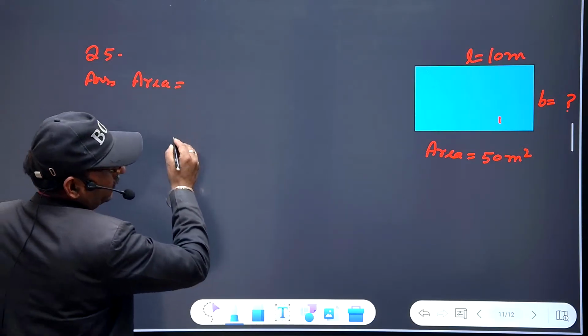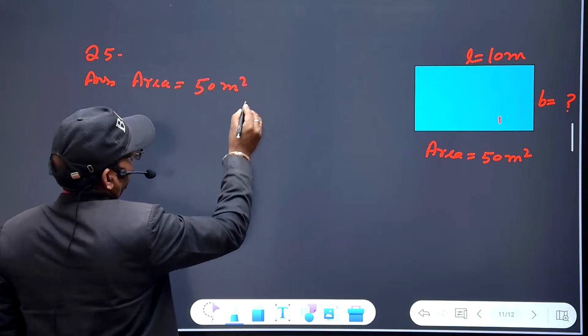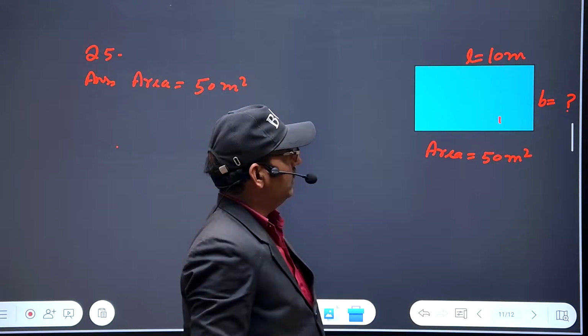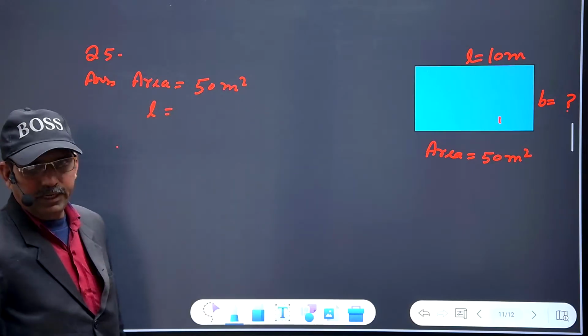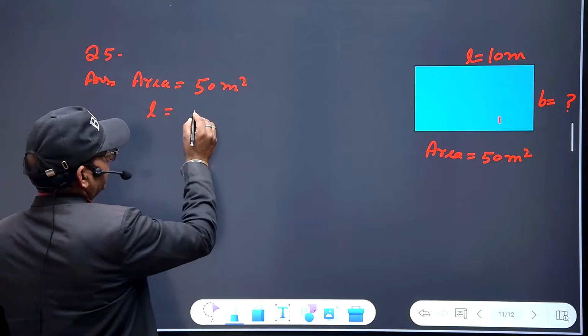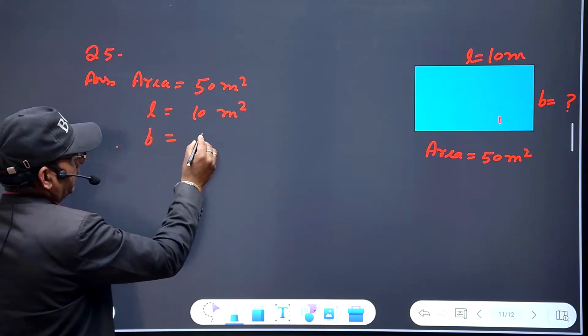Area is given 50 meter square and length is given 10 meter, and you will find out the breadth.